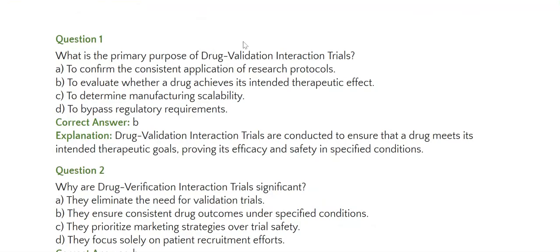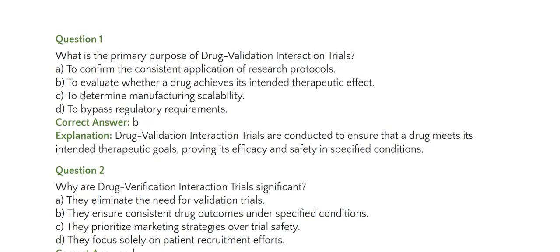or MCQs. Question 1. What is the primary purpose of drug validation interaction trials? A, to confirm the consistent application of research protocols. B, to evaluate whether a drug achieves its intended therapeutic effect. C, to determine manufacturing scalability. Or D, to bypass regulatory requirements.